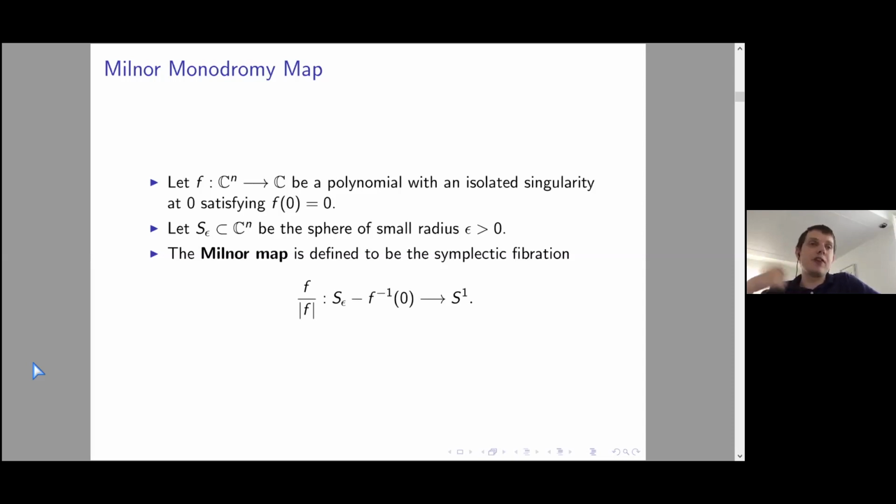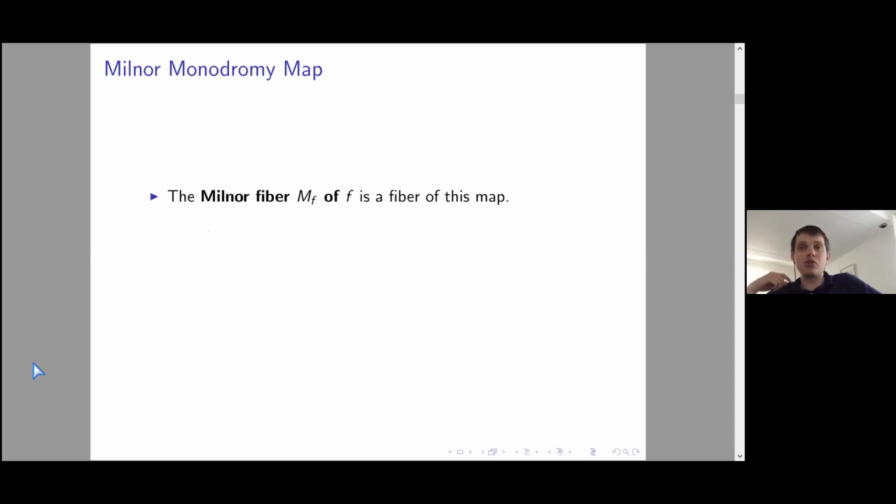So then you have a fibration and a closed two-form whose restriction to the fibers is symplectic. And there are parallel transport maps. The kernel of this two-form gives you a line field, and that gives you a connection on this fibration, and you can look at the monodromy map.